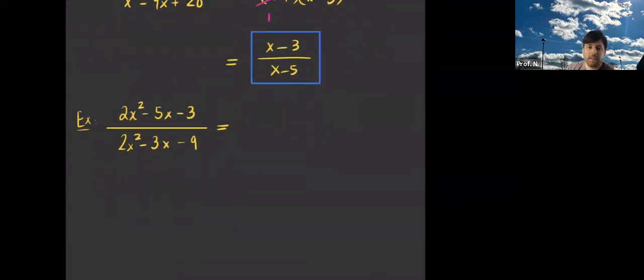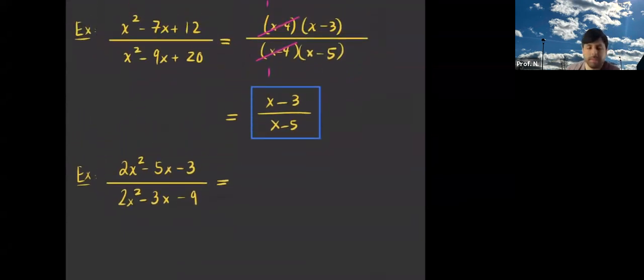Now, again, I want to simplify. So all of these are about simplifying, which relates to factoring and seeing if things cancel. So can I factor 2x squared minus 5x minus 3?